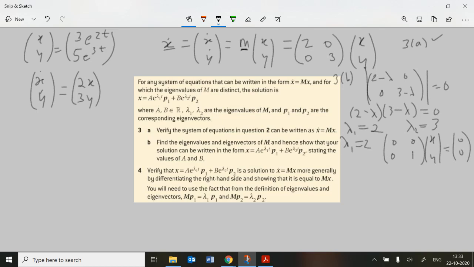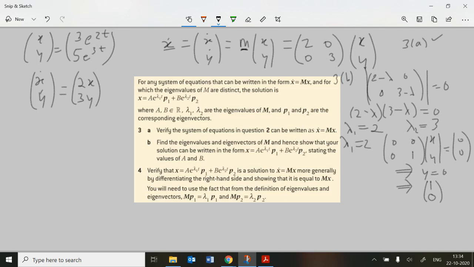So that gives us y is equal to 0 there. And y equals 0 is essentially the x-axis. So the eigenvector can be anywhere along the x-axis. We can choose 1, 0, which would be nice and easy.